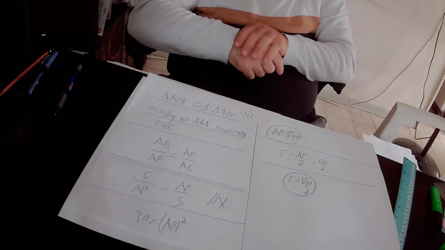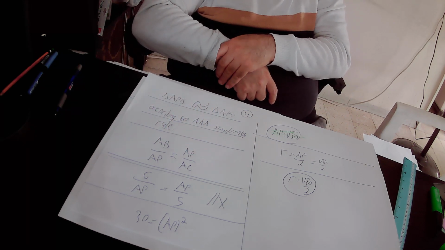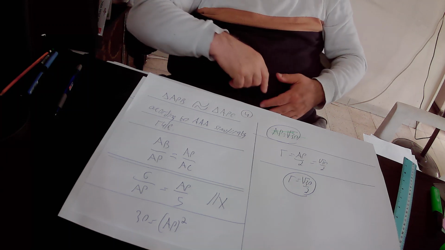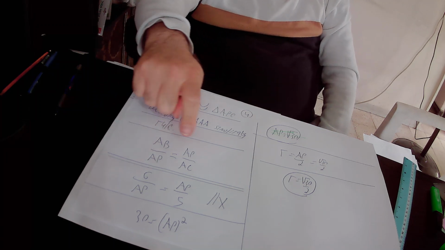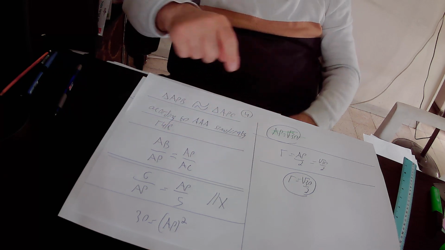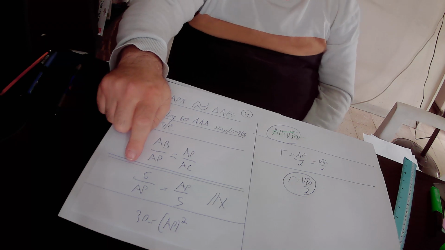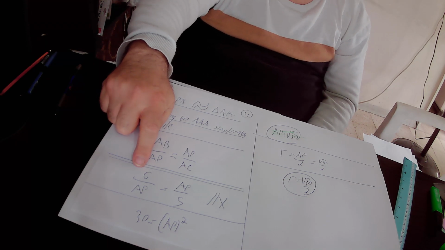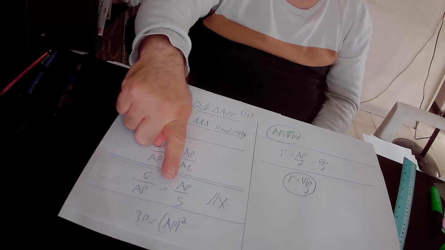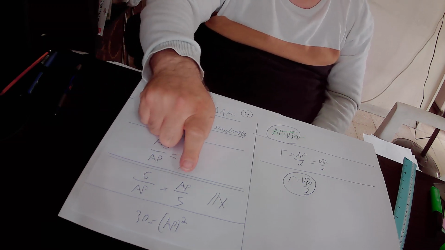AP is the missing side, so we leave it as it is. In conclusion, 6 over AP equals AP over 5. Here we cross multiply this equation and find that 5 times 6 is 30, so 30 equals AP times AP, that is AP squared.